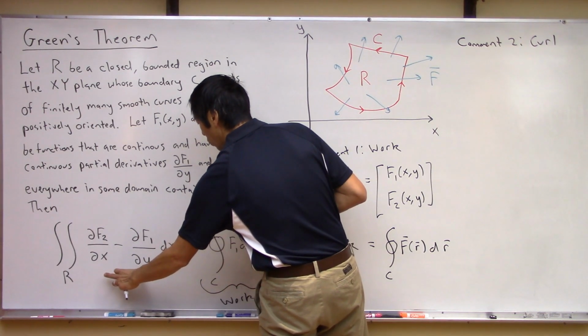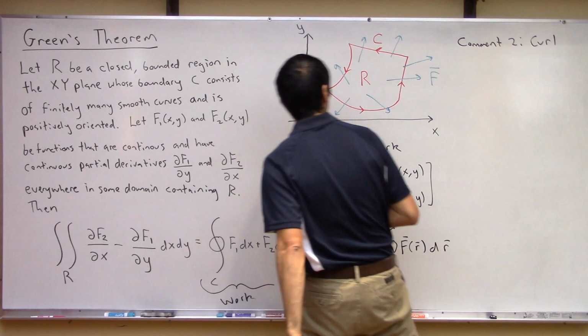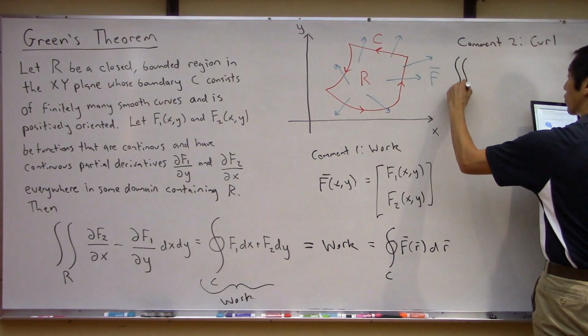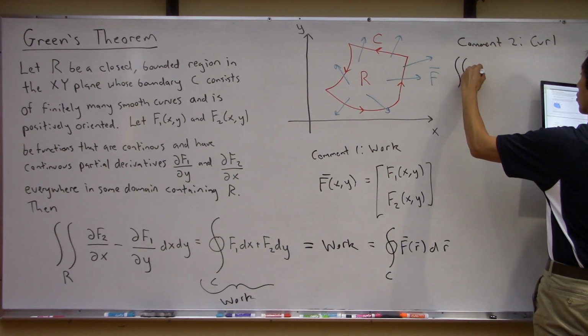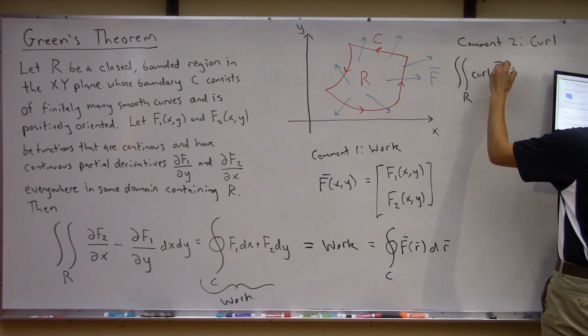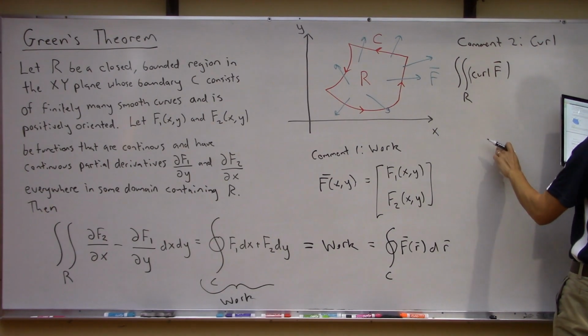If you rewatch our video on the curl, you'll see that you can rewrite this term as a double integral over the region. Instead of that mixed partial, you can say this is the curl of the vector function F. And if you remember, this is a 3-element vector.